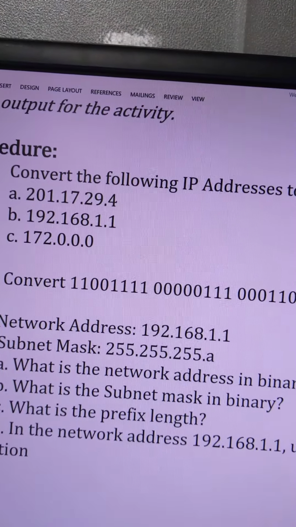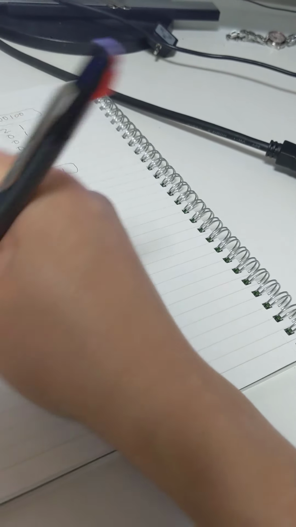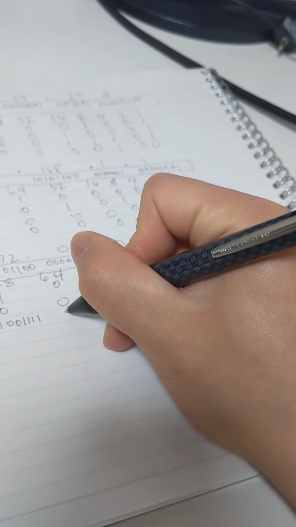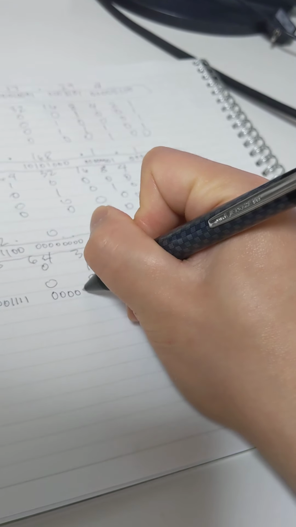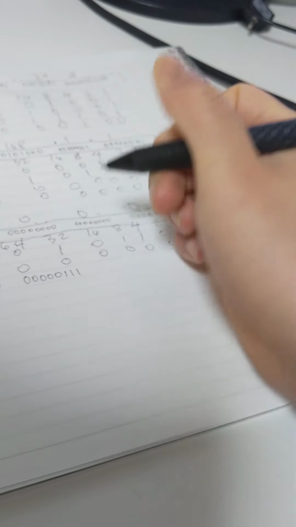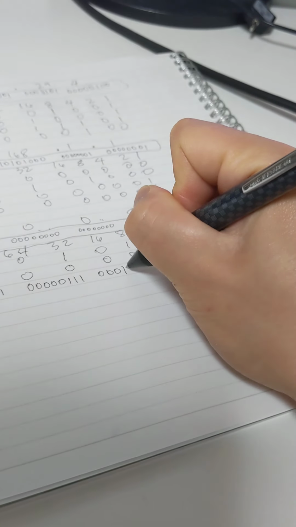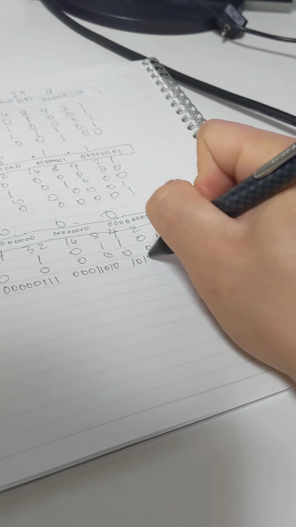Okay, so to convert, we have to copy it. 1 1 0 0 1 1 1 and 0 0 0 0 0 1 1 1 and 0 0 0 1 1 0 1 0, then 1 0 1 1.